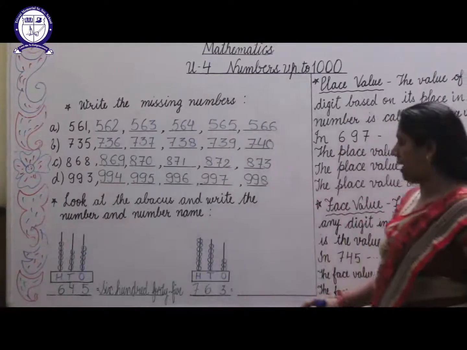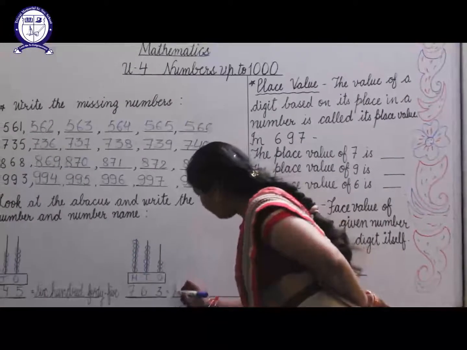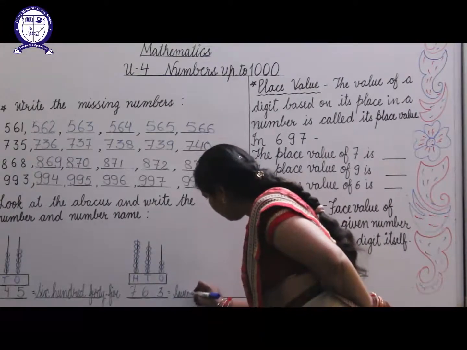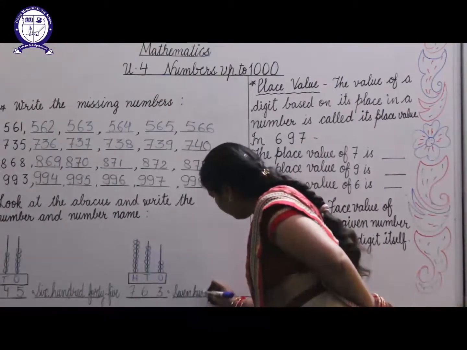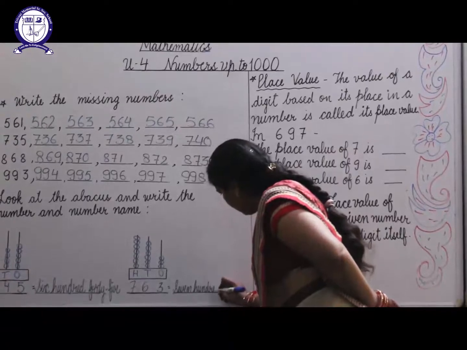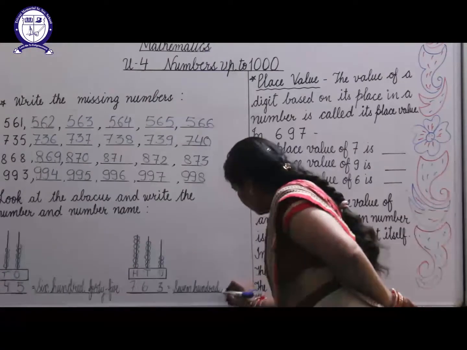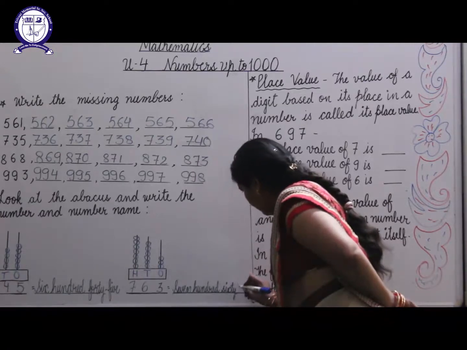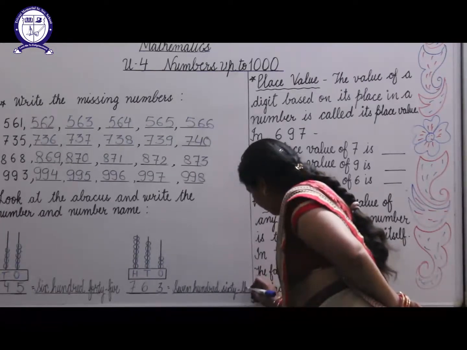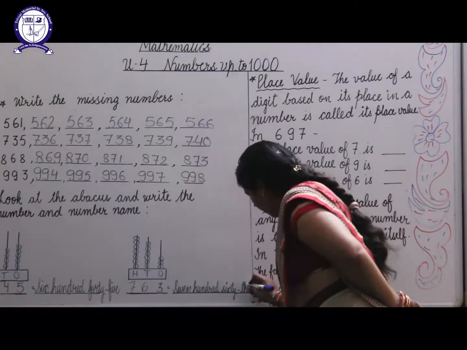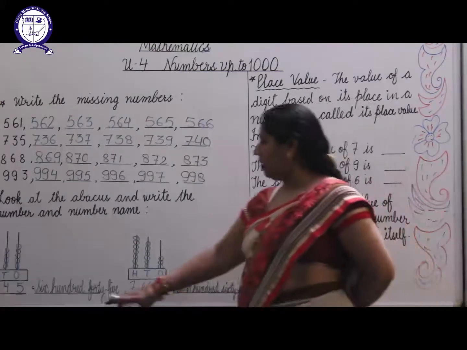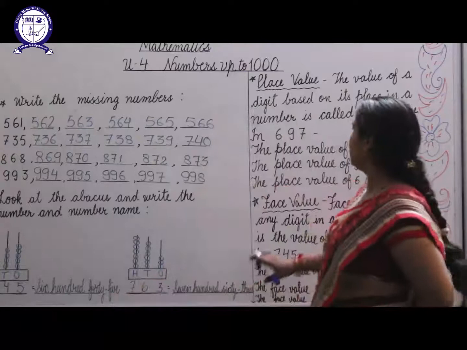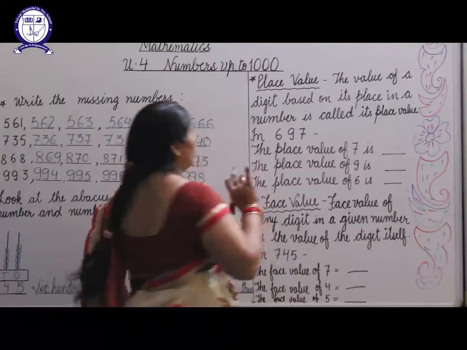Let's write the number name. 763. Write the spelling of the numbers. So come to the next module.